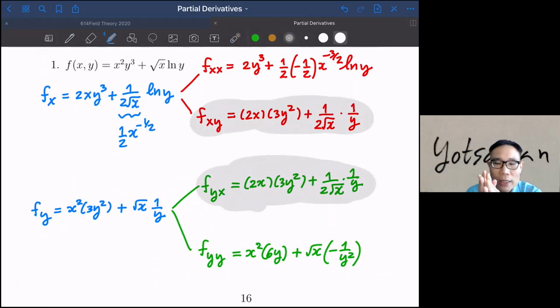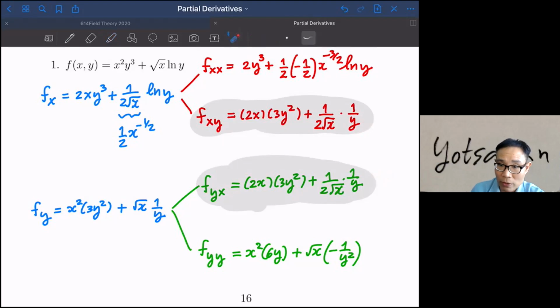The answer is it's often true. It's going to be fxy equal to fyx when you have a nice function. Nice function means continuous. If you have a function with a formula like a power, a log, a sine, a trigonometric function, you would get fxy and fyx exactly the same. As you can see here, they are the same.